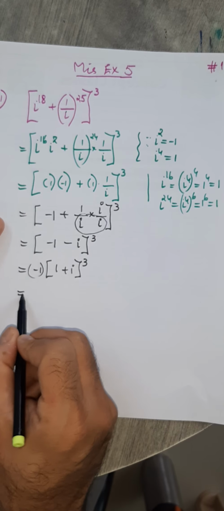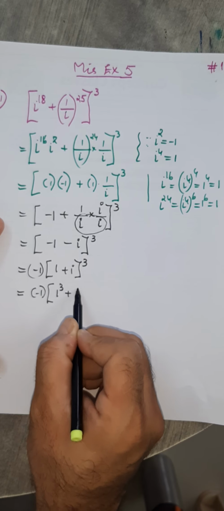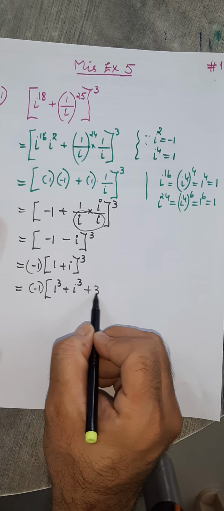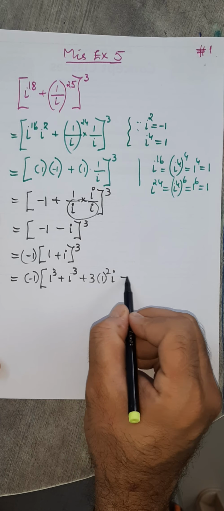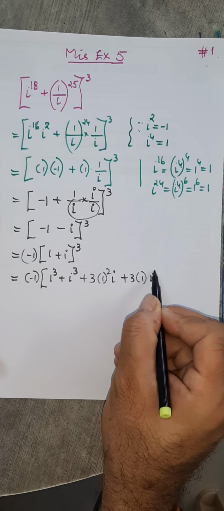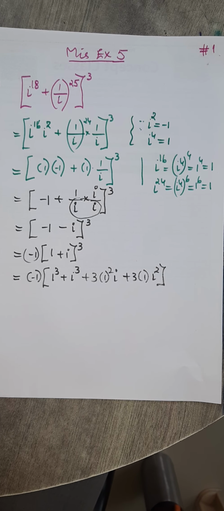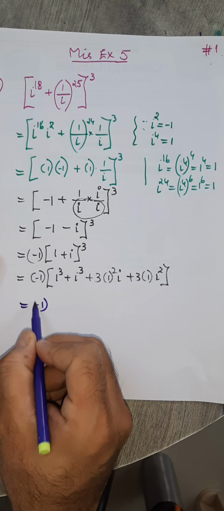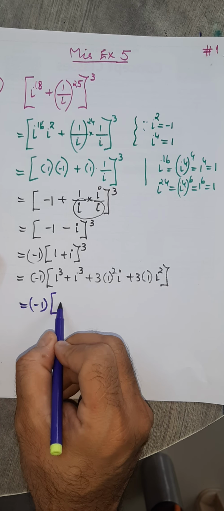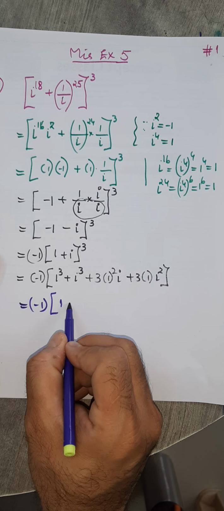Now we expand this using a plus b the whole cube. So you know 1 cube plus iota cube plus 3 times 1 square into iota plus 3 times 1 into iota square. Now here minus 1 as it is. This is 1. This is iota square into iota, but iota square is minus 1.